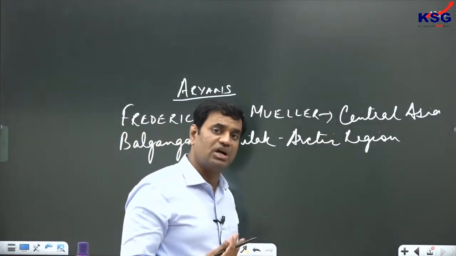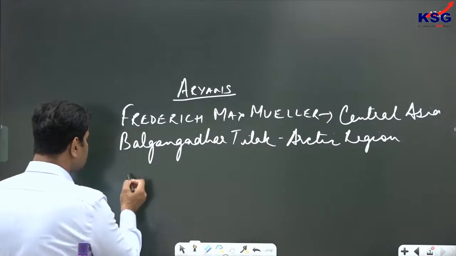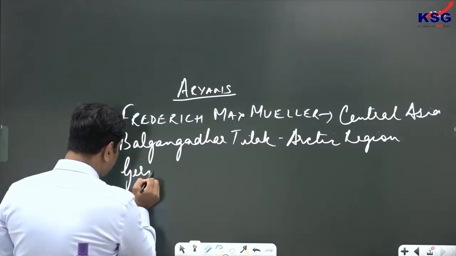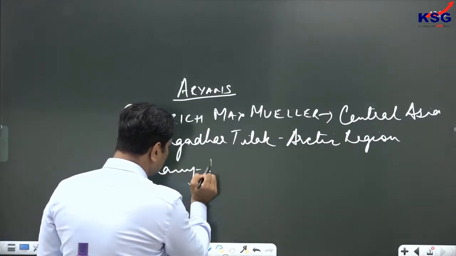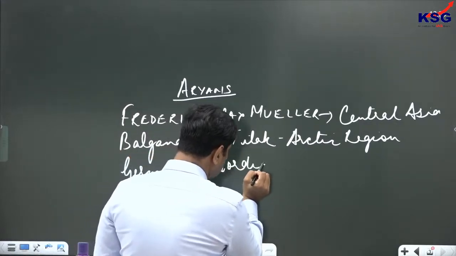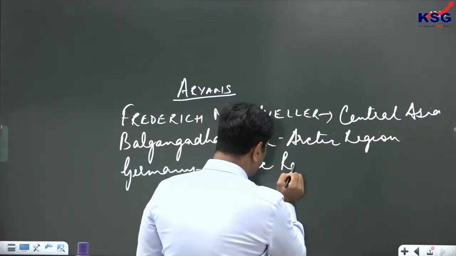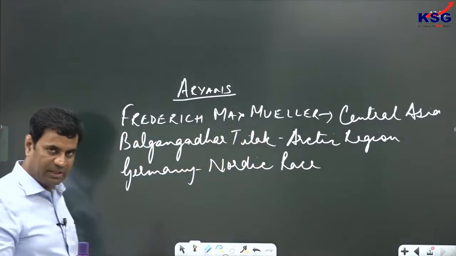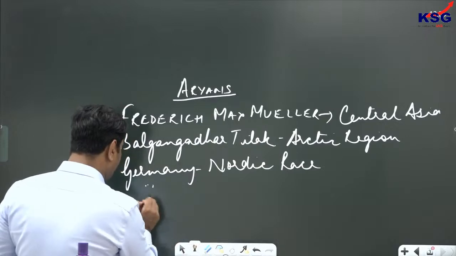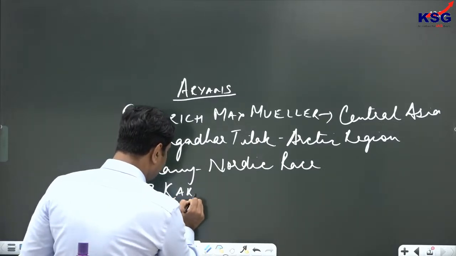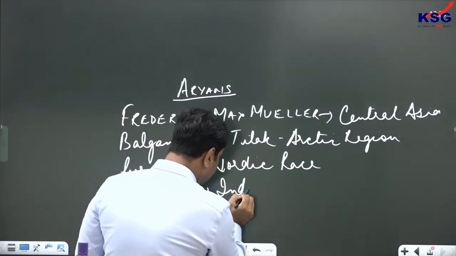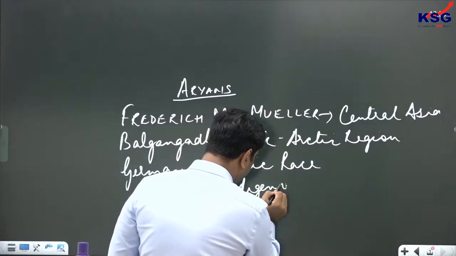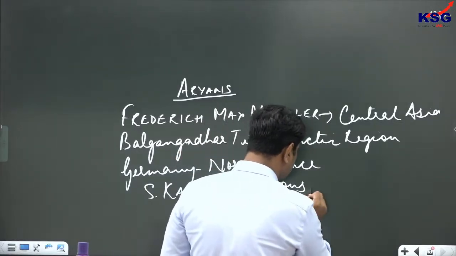Some scholars like Germans believe that Aryans emerged from Germany, because Aryans belong to the Nordic race, the most refined race in the world, and the Nordic race originated from Germany. So Aryans came from Germany. Some Indian scholars like S. Kark believe that Aryans were indigenous to India. So there is a theory of indigenous origin of the Aryans.